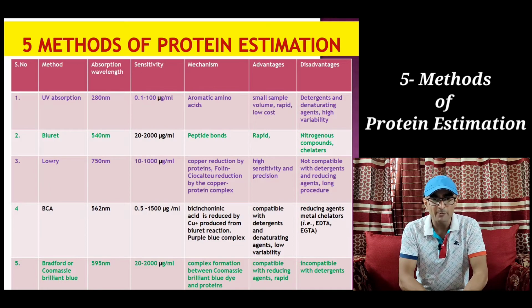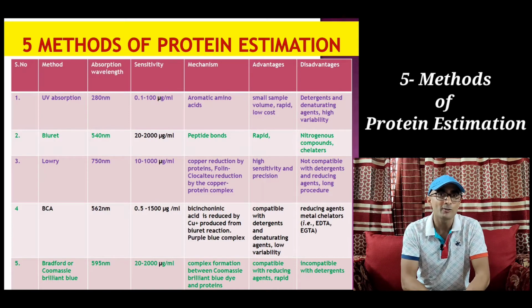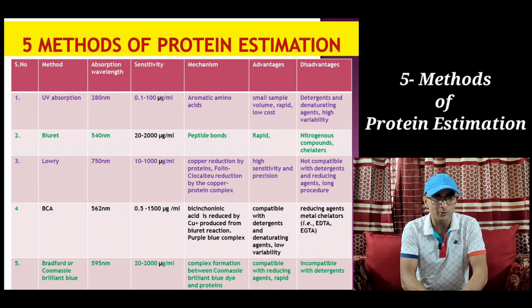It is a very rapid method, but the problem is that if a sample contains any other nitrogenous compound besides proteins, that also will form a complex with the copper ion and give color. At the same time, if chelators are present which can bind to metal ion, that also gives rise to error in the estimation.